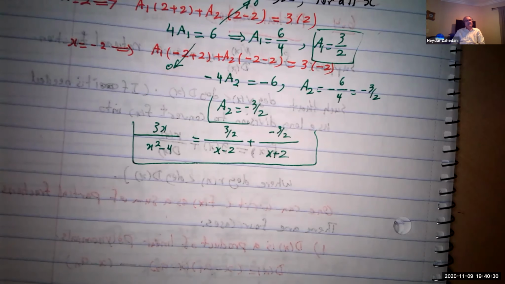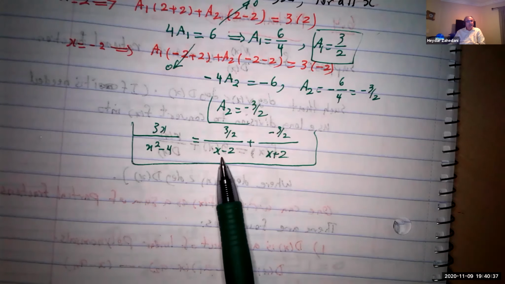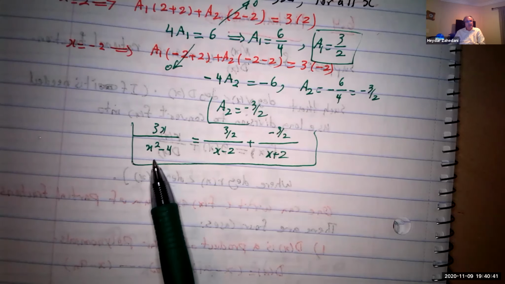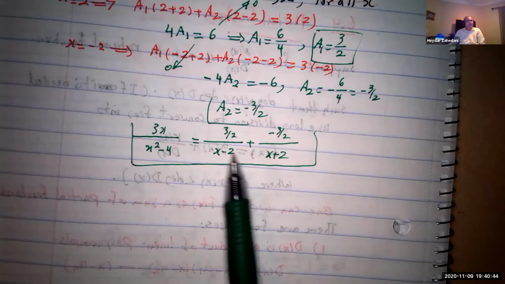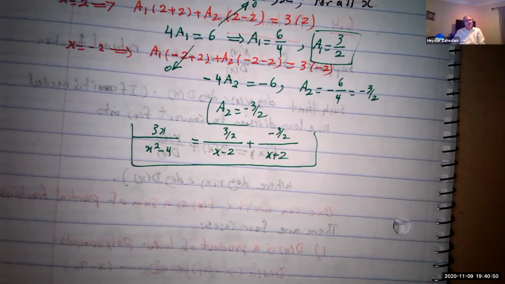You see, when you are in calculus, that integration that I talked about can be done only when the factor is just linear. So this is not a linear factor, x squared minus 4. That's why we break it into two parts, to be able to take care of it, because these functions are easier to handle.